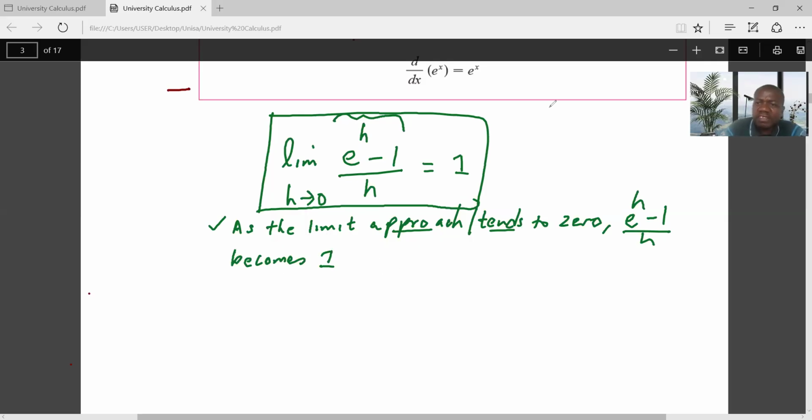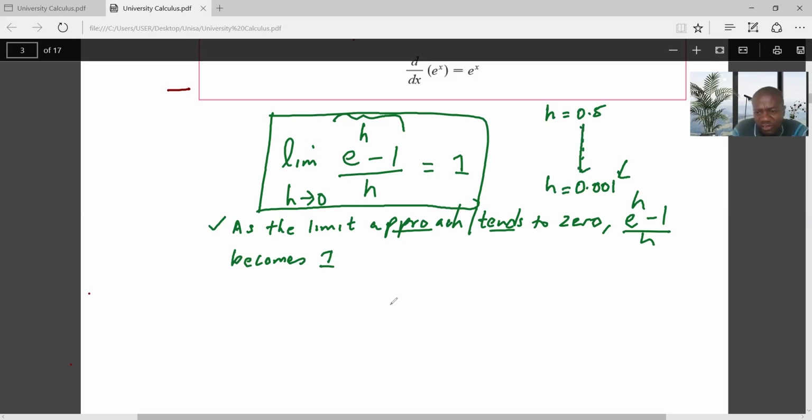Let's assume h is around 0.5, and we keep on reducing this h so that it is closer and closer to 0. Let's say around 0.001. You see that 0.001 is a number that is approaching 0.